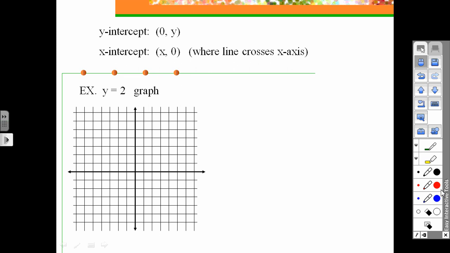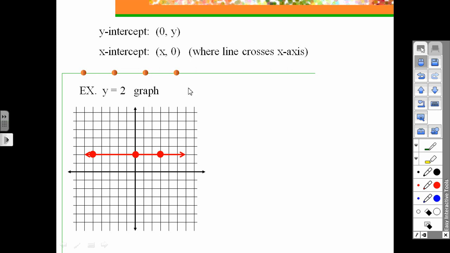So I could have x be 3 and y would be 2. I could say x is 0 and y is 2. I could say x is -5, 1, 2, 3, 4, 5, and y is still 2. So you get all of these points that make this horizontal line. So if I draw this in, there it is. So the equation of a horizontal line is going to look like y equals some number.